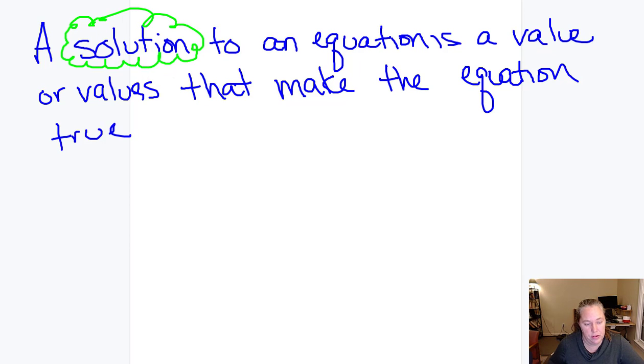So if you had this equation x plus 1 equals 4. Oh, we did 3 before. Let's do x plus 1 equals 8. Just to change it up so you don't get mixed up. X plus 1 equals 8. Not a great looking 8. The solution, x equals 7, is the value that makes the equation true.